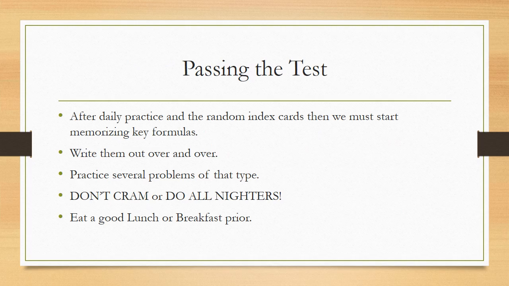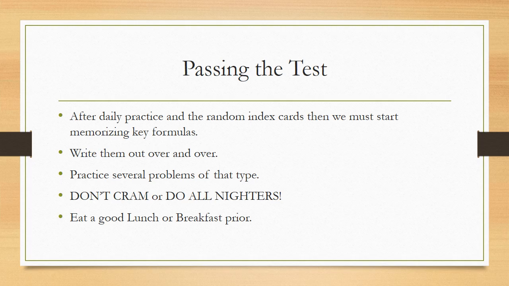Passing the test after daily practice and randomizing the index cards, then we must start memorizing key formulas. Write them out over and over again. Then you practice several problems of the same type. And remember, get a good amount of sleep, maybe 6 to 8 hours. Don't cram or do all-nighters. That's just going to hurt you more than anything, because I admit I have done it before and it didn't turn out too well.